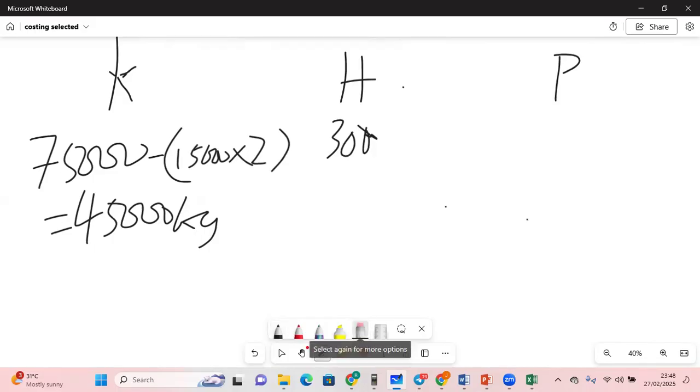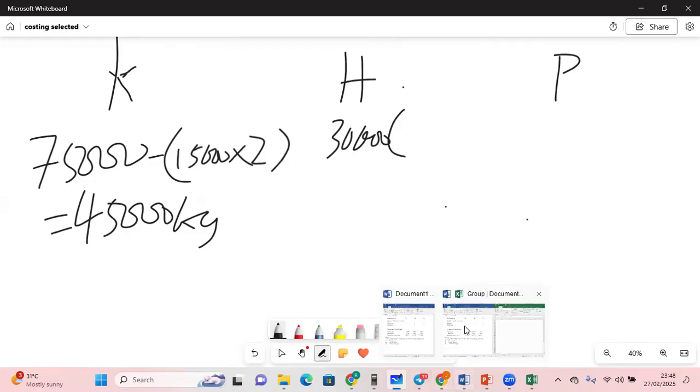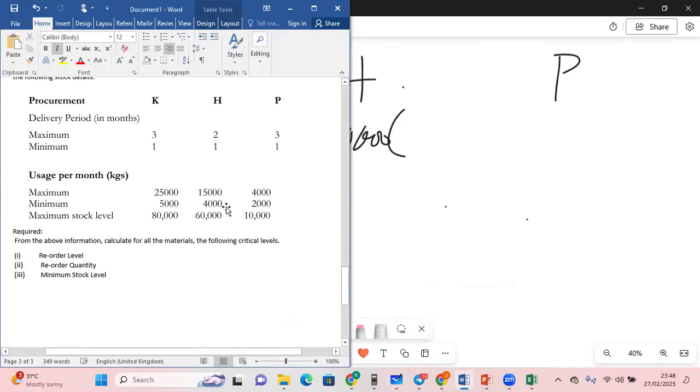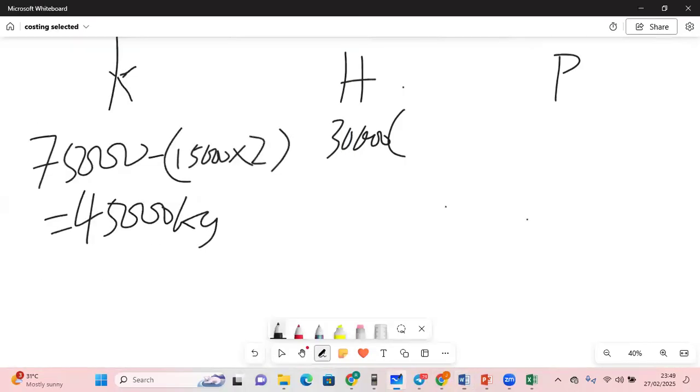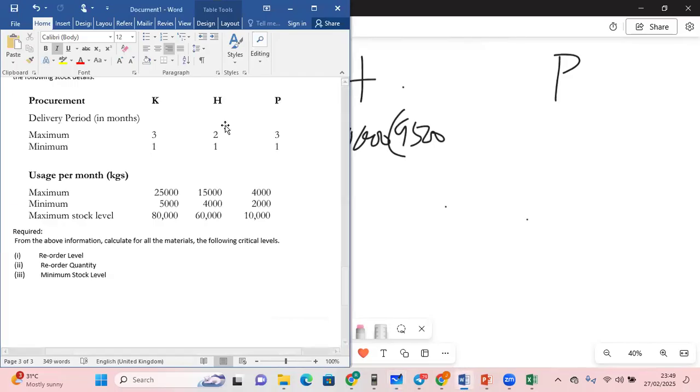Do the same thing too for this one, where we are going to get 30,000. And then this one, we are going to get 19,000. Minimum plus maximum divided by 2. Minimum plus maximum is going to give us 19,000. Divided by 2 is going to give us 9,500. And then here, 2 plus 1, 3. 3 divided by 2, 1.5.